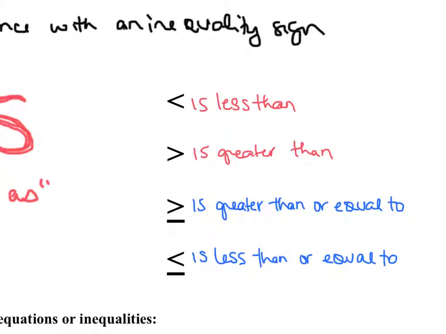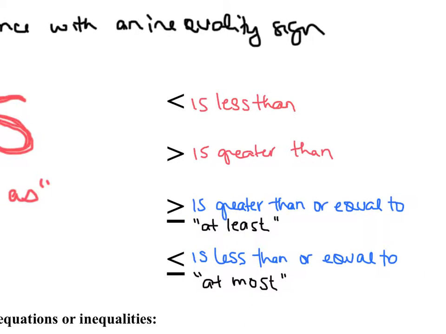So less than or equal to would also be indicated by the words at most, because at the most, at the very highest, means that number or less. And this would be at least, because let's say you wanted to make at least $50, you'd want to make $50 or more. So at least would mean greater than or equal to, at most would mean less than or equal to.